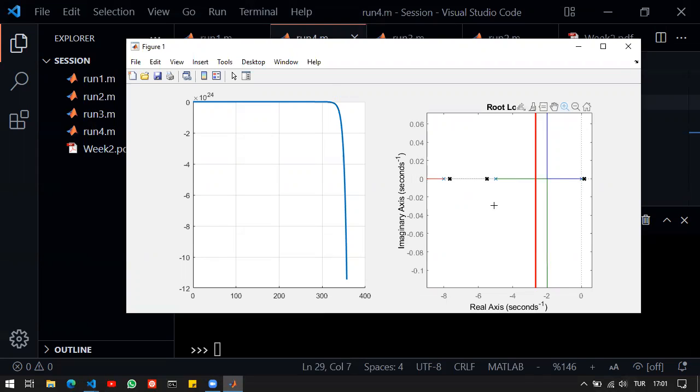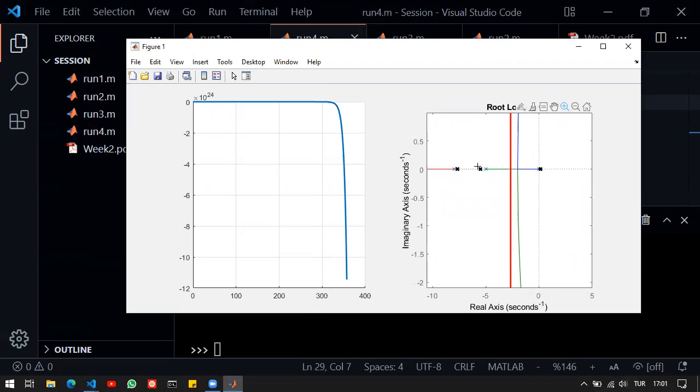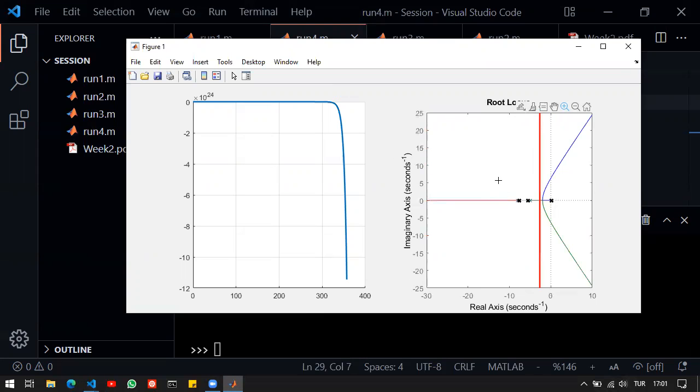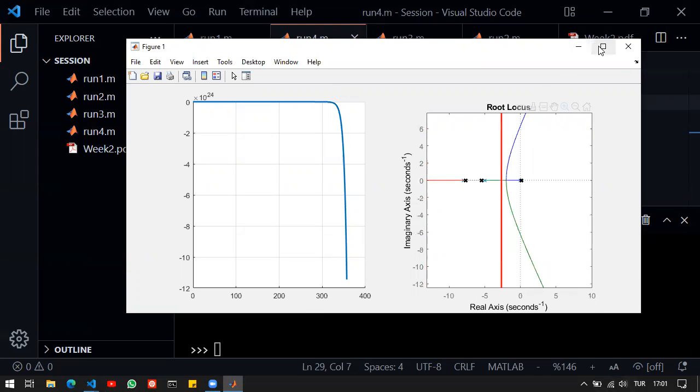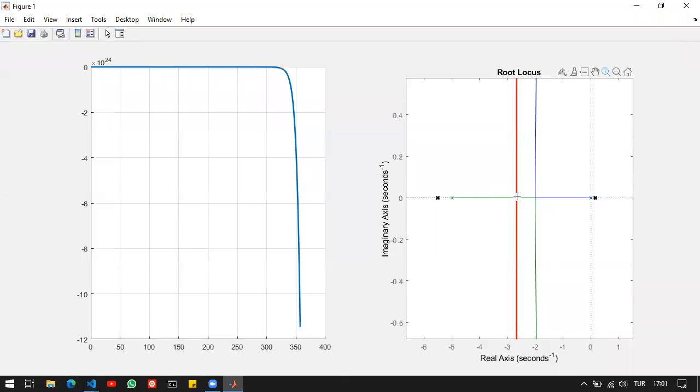It's not on the branches. It is on the negative one because they approach each other and then the breaking point is here, etc. But the main focus here is here.